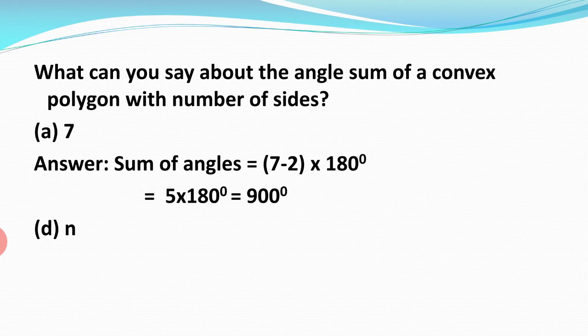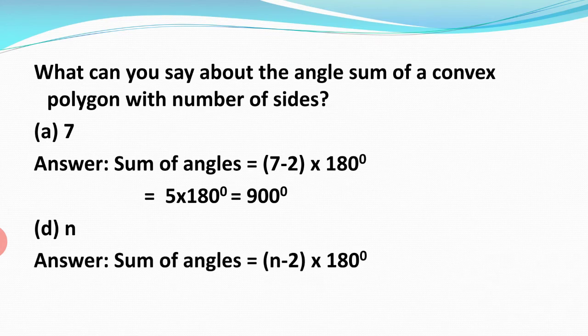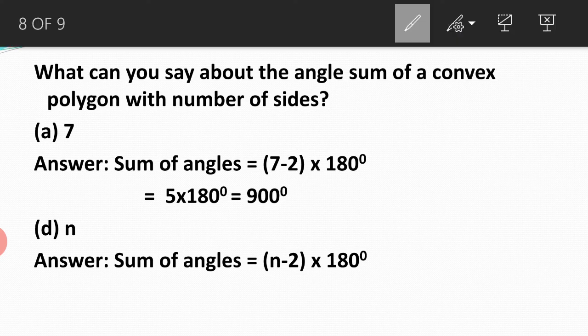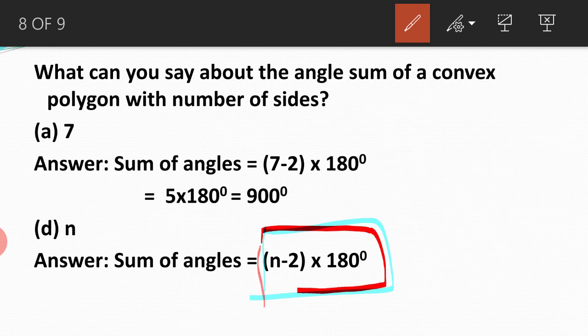So now the number of sides are n. It is not a number, but it is a variable, and the sum of angles will be n minus 2 into 180. Now this is going to be the formula for the sum of all interior angles of any polygon whose number of sides are n.